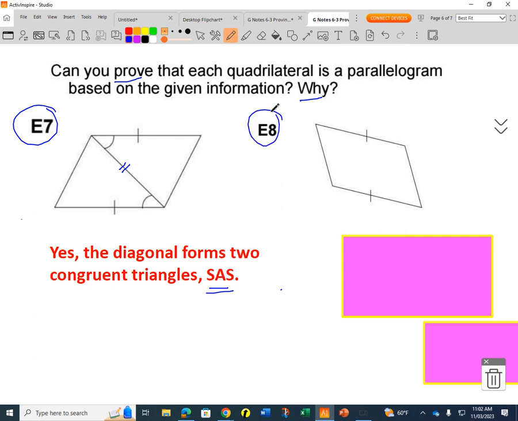And the last example, can we say that quadrilateral is a parallelogram? What do you think? Tyron?